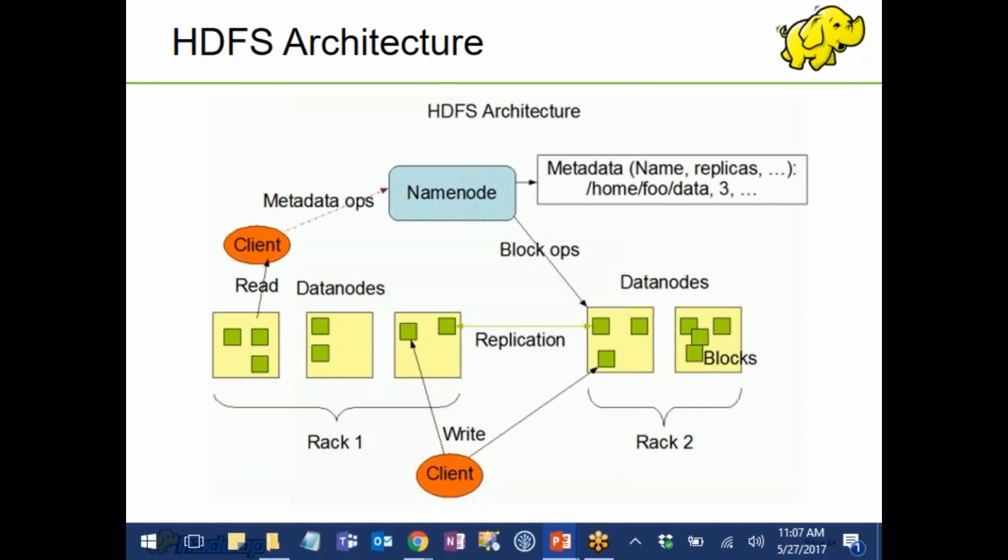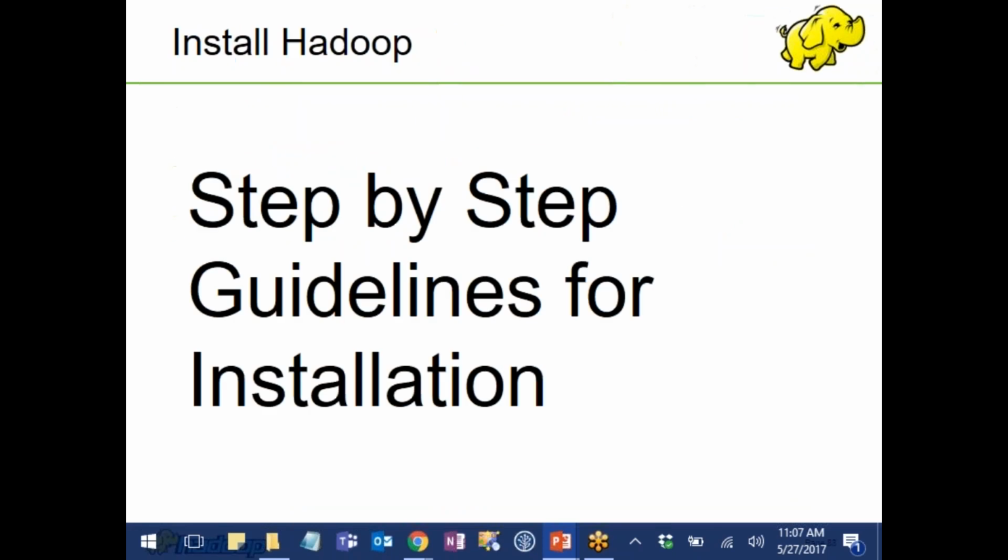When any failure happens on the data node, it will continue from where it stopped and move to the next computer where the nearest data block is available. From there, it will process the data packet. Okay, so that's called the data node.